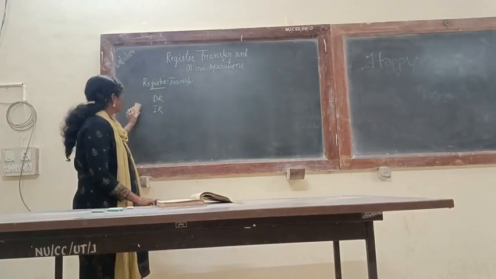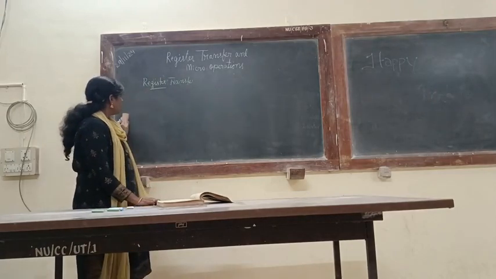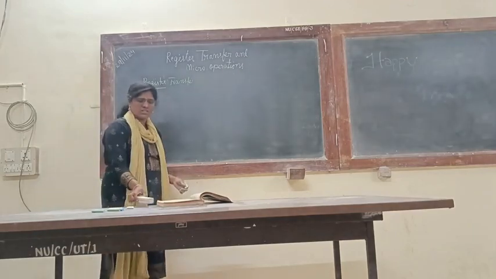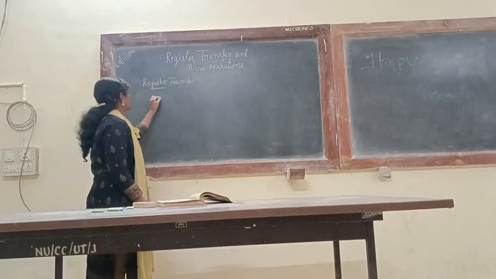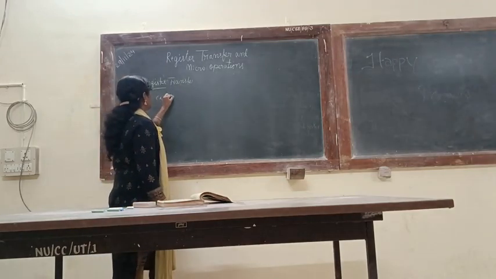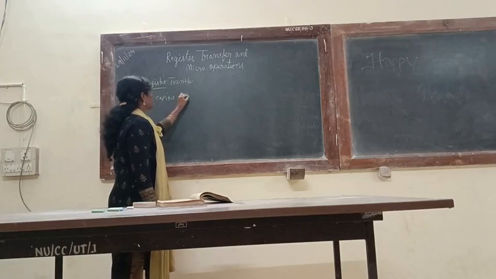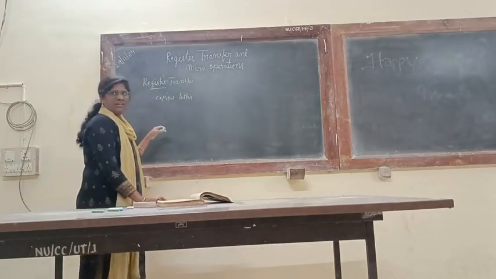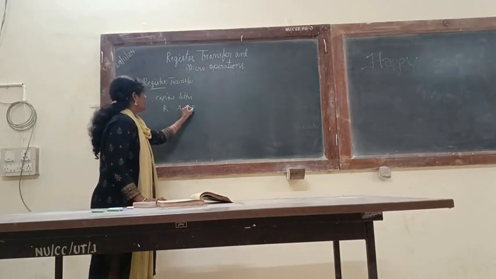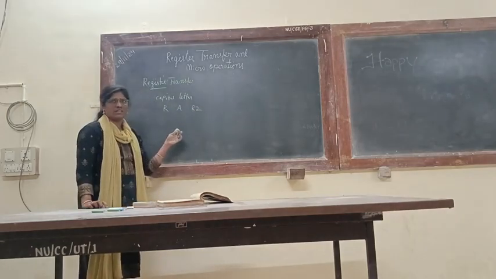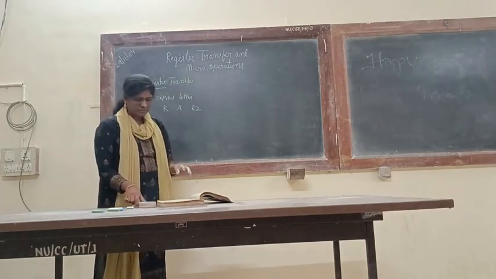It stores only instructions. Like that we have different registers. Now in this RTL language, the registers are represented by capital letters. Suppose register R, register A or register R2.